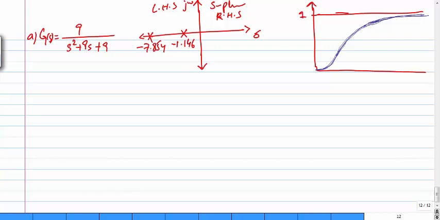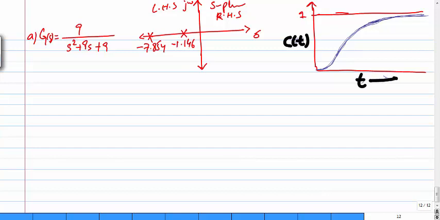This is the response. Now the response is trying to reach the one. If I look, this is your C of t and this is your t. Let me change the pen settings so that it's much clearer. So this is your C of t.